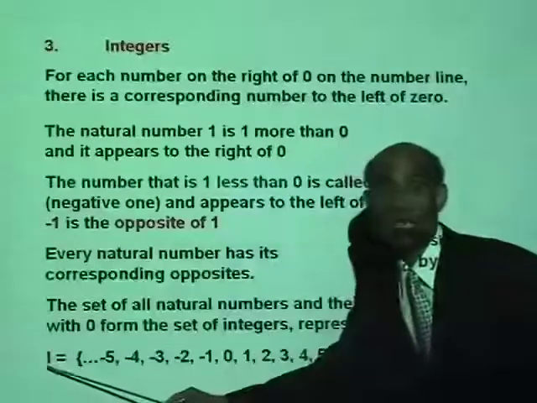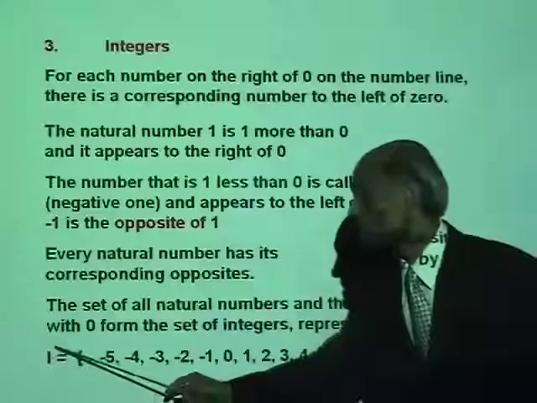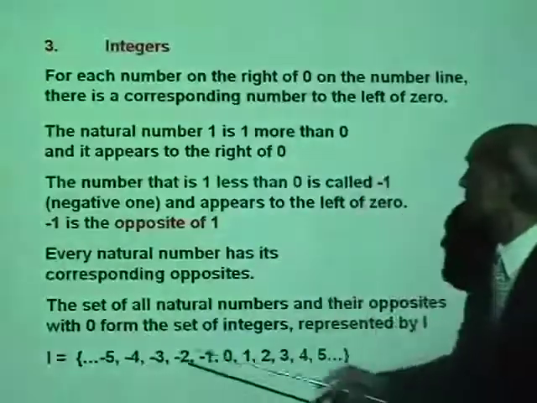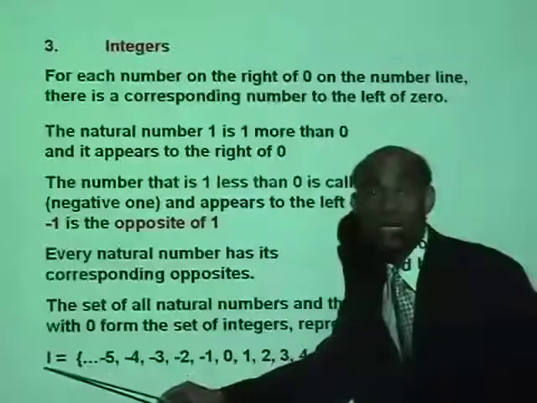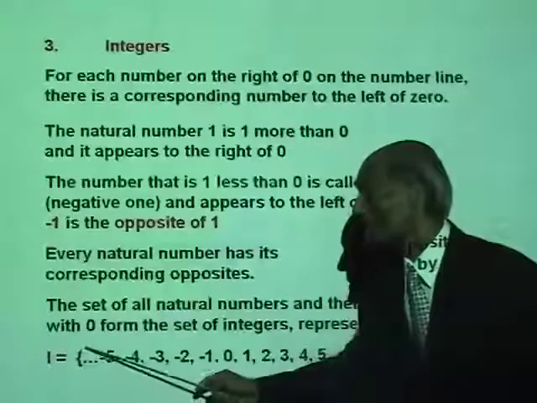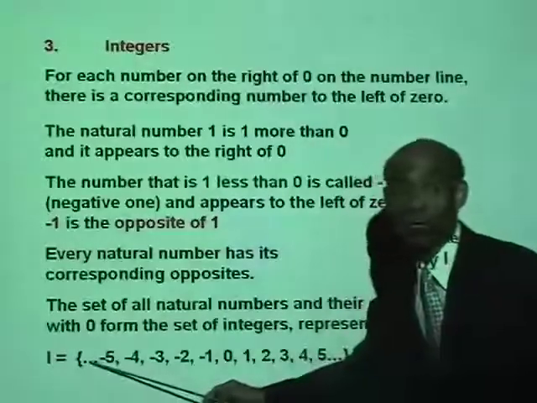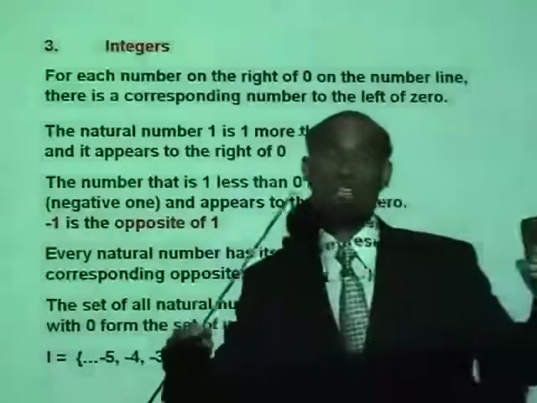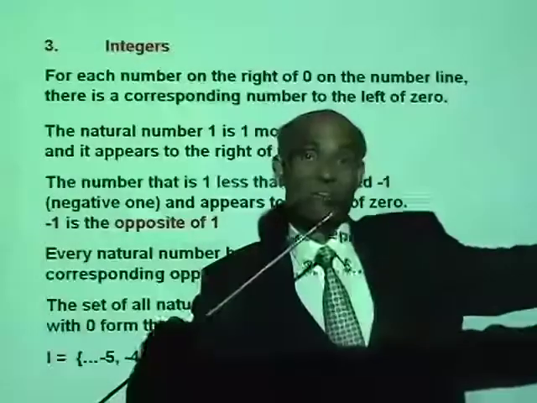Look at how I write the set of integers. Integers is represented by the letter I, capital I. I is a set of, where does it start? Where is the starting point for the set of integers?